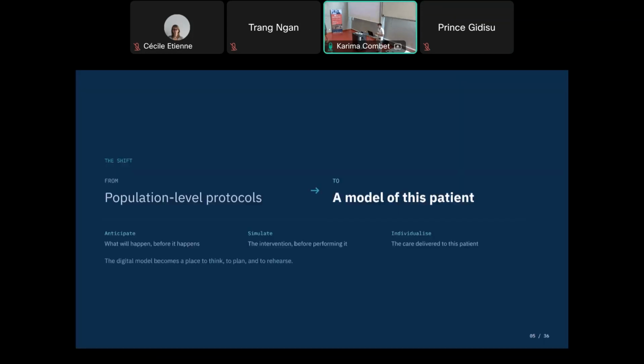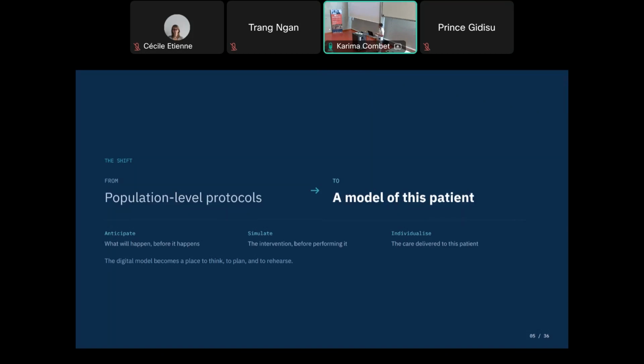So how do we close the gap? The shift that is happening across the field is moving from population-based protocols toward patient-specific anatomy, and digital representation can help us. A protocol built from an average patient does not reflect the clinical reality of the patient actually on the surgeon's table. And digital technology now gives us a different framework.